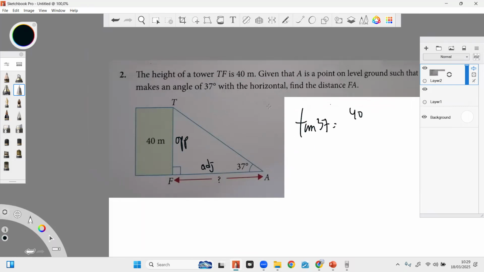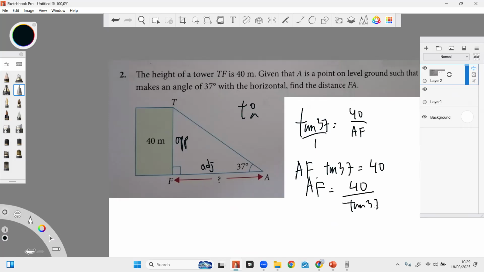Which is 40 over adjacent, or AF. So cross multiply. AF times tan 37 equals 40. So AF is 40 over tan 37. Calculate, please. 53.1 meter. That's right. Hopefully it's right. I don't calculate it further.